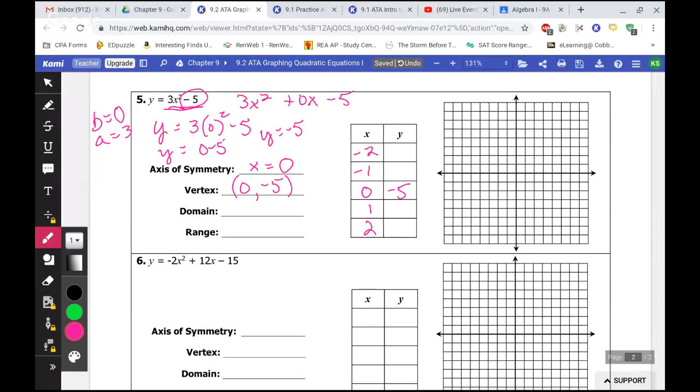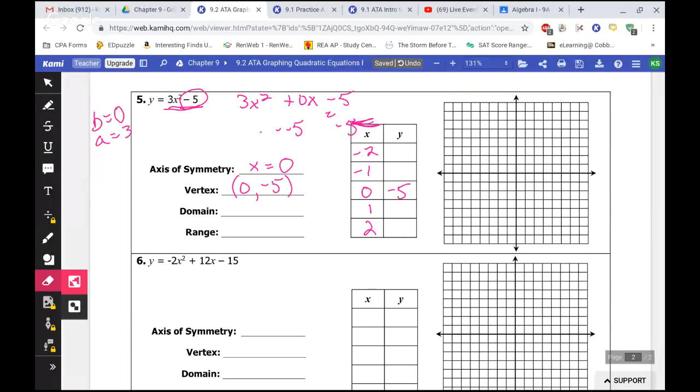Is that becoming clearer to everybody yet? Yes, ma'am. Okay, good. Grayson, are you still with us? Is that better for you? How to fill out the x part of the table?